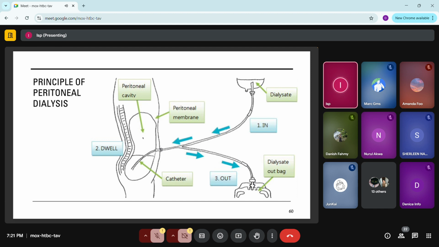The water will flow from the hypotonic to the hypertonic dialysate, and then after a few hours you drain this dialysate out from the same cavity. Just one in, dwell for a few hours, then they remove it, and then they put in the new dialysate again. That's how it works.